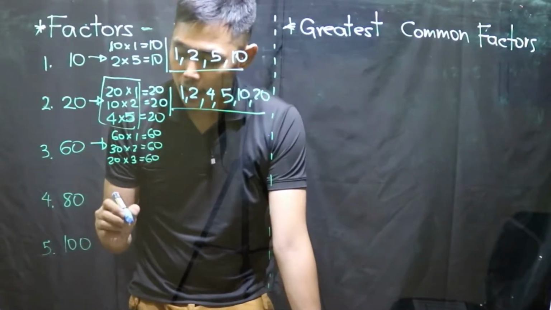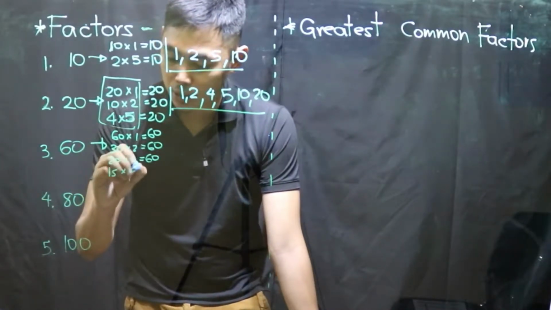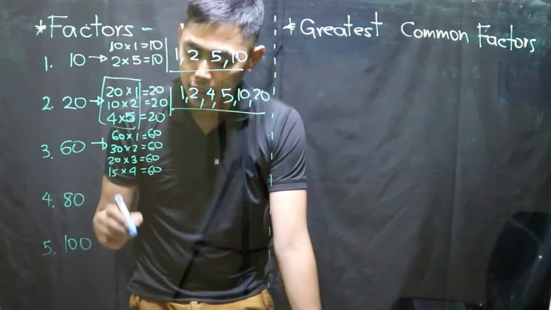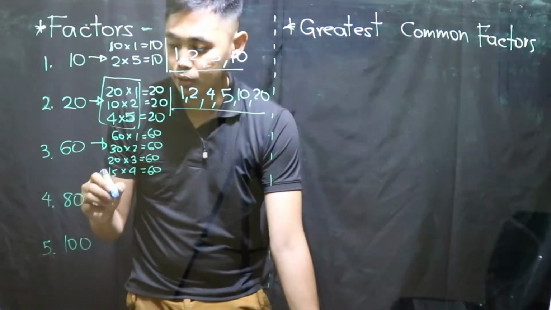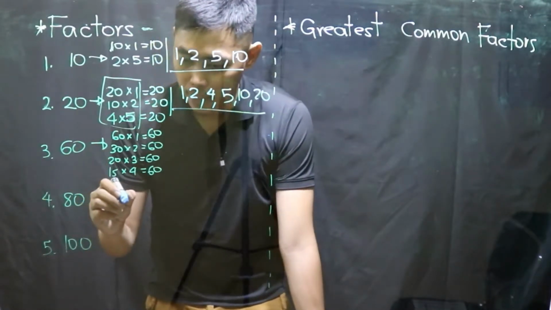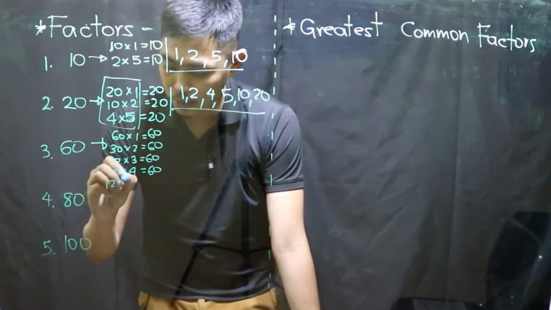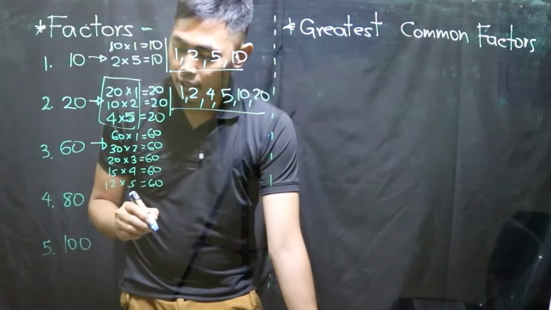And then 15 times 4 is equal to 60. And times 5? Yes, we can do 5. So 12 times 5 is equal to 60.